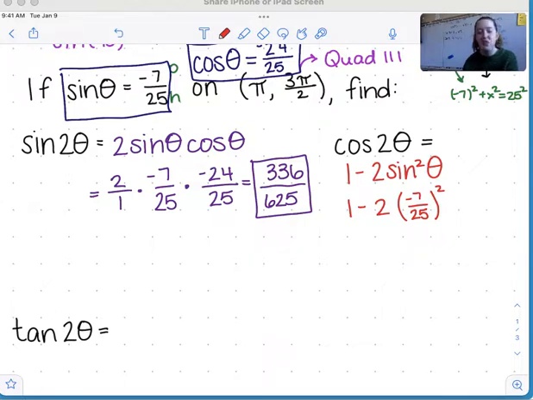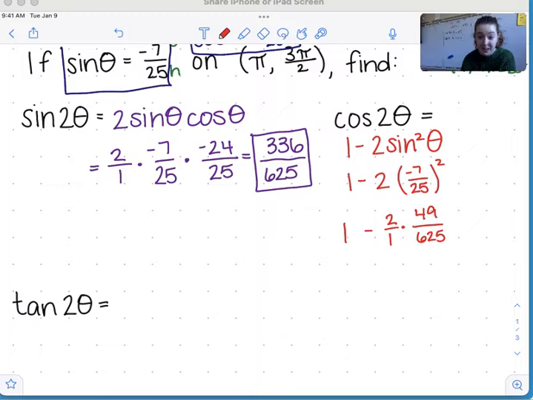So when we square a fraction, don't scare it, square it. Negative 7 squared is 49. 25 squared is 625. We still have that being multiplied by 2 and minus 1.